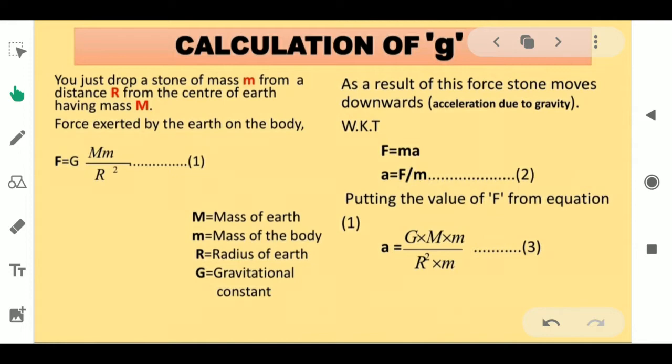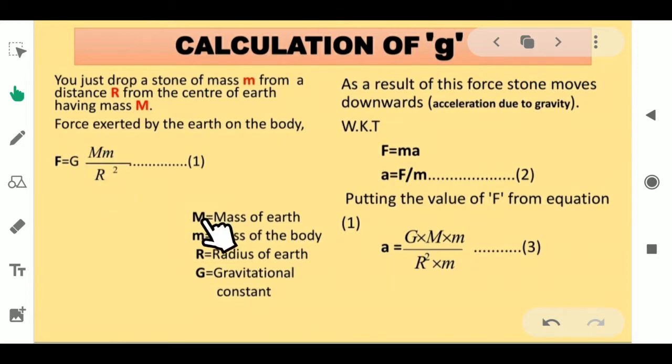Okay? Yes. So here I just drop a stone of mass m from a distance r from the center of the earth having mass M. In this case, the force exerted by the earth on the stone is given by F is equal to GMm by r square.